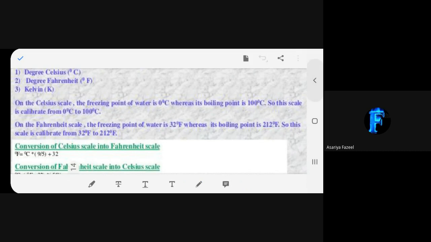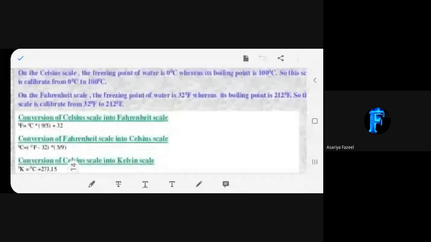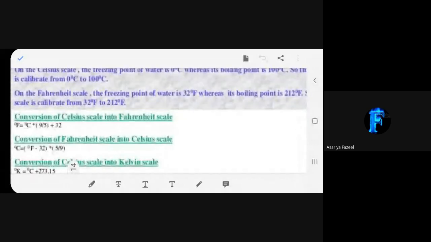Now let's see the conversion formula. Read, beta.